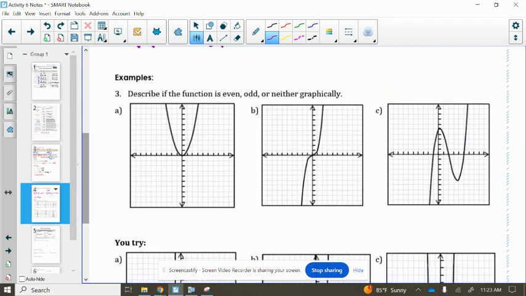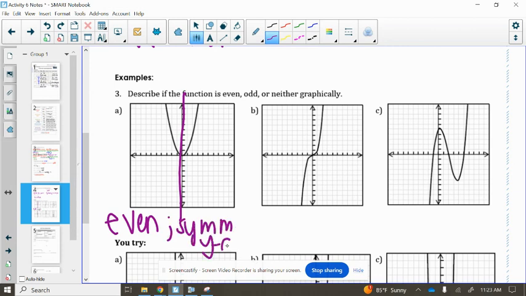So we have a couple more of these, just looking graphically. Again, this one is going to be an example of an even function because of that symmetry to the y-axis. This next one, if we flip it upside down, is going to be odd because of the symmetry to the origin.